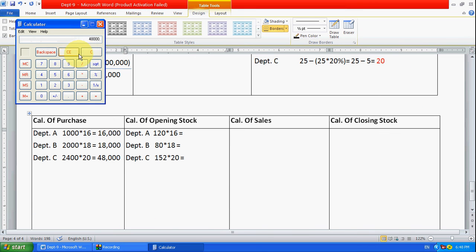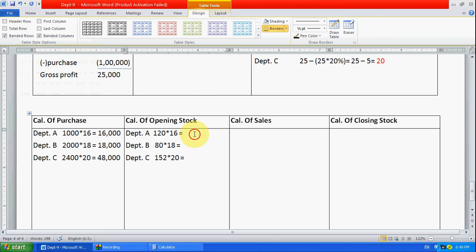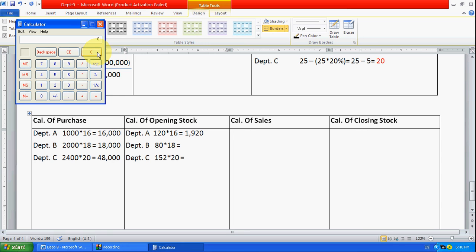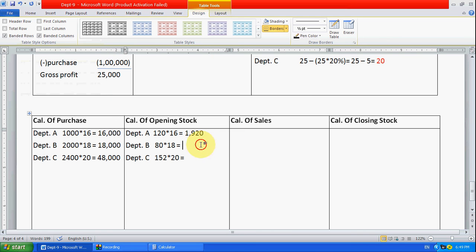So tally this one. 120 into 16 is 1920. And for the next, 80 into 18 means 1440.